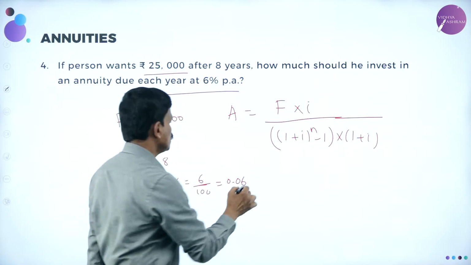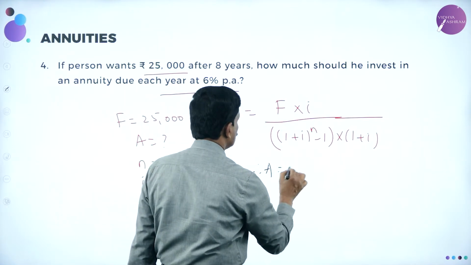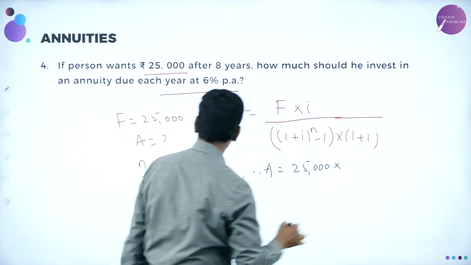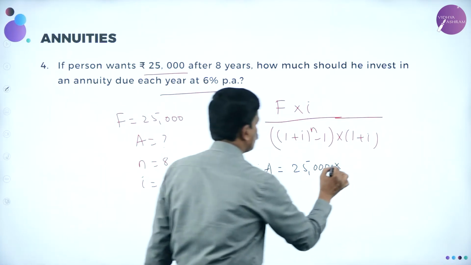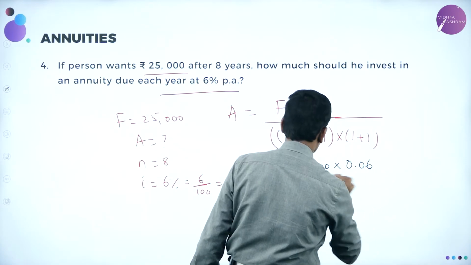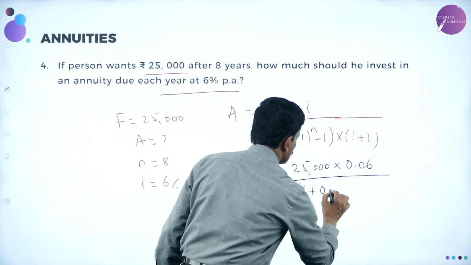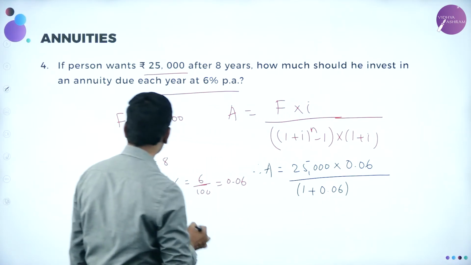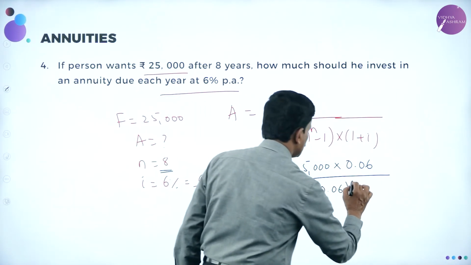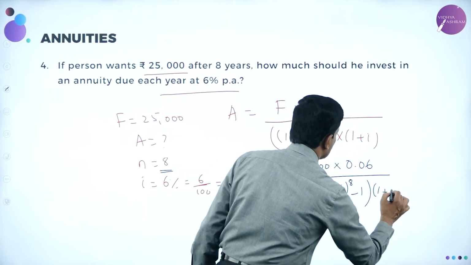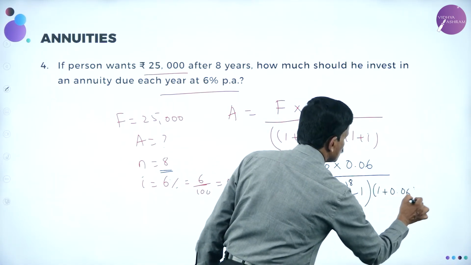Substitute the values. Therefore A is equal to, what is F? F is 25,000 into, what is I? I is equal to 0.06 divided by 1 plus I is 0.06 to the power of N. What is N? N is 8 minus 1 into 1 plus 0.06.